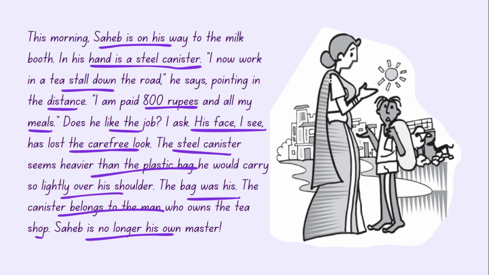Now his steel canister was so heavy. Here, the steel canister can be seen as a symbol for the weight of responsibilities that he has to carry. It was heavier than the plastic bag that he used to carry so lightly over his shoulder. The time that he was so carefree, free from all responsibilities, was now gone.